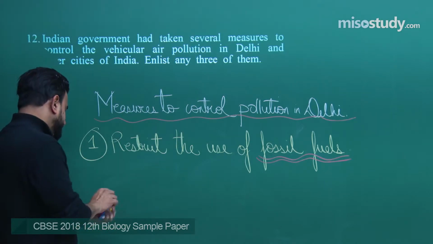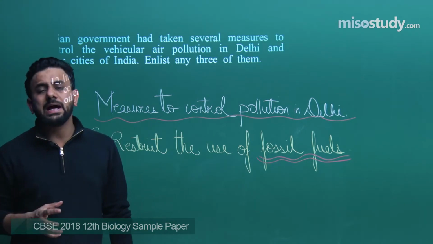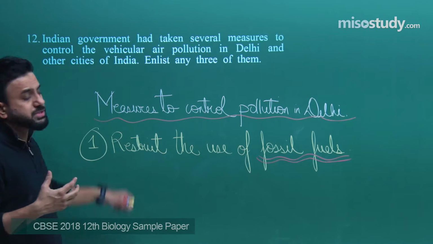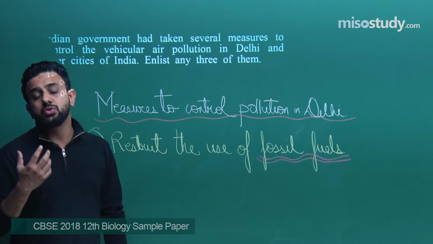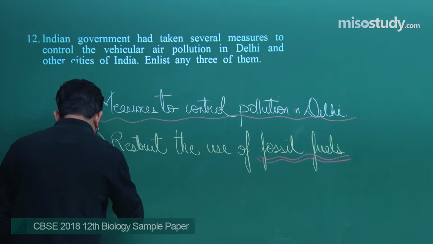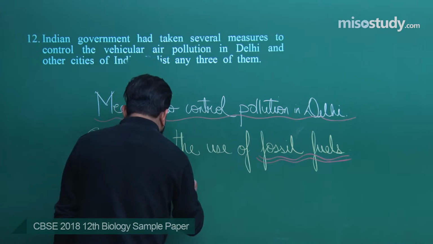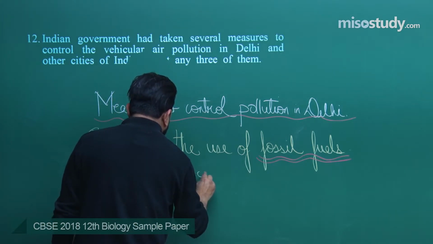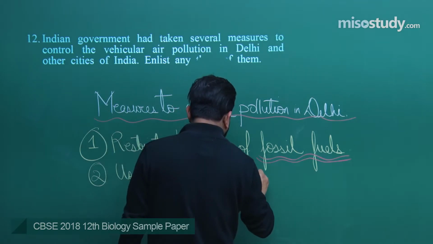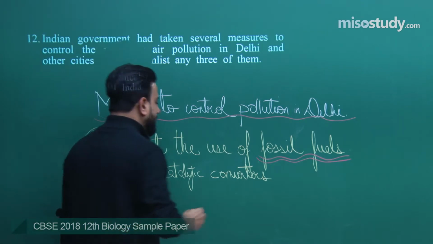The second one, use of the catalytic converter. Use of the catalytic converter in automobiles has also brought down the vehicular air pollution to a great extent. So the second one I'll write as use of catalytic converter in automobiles.